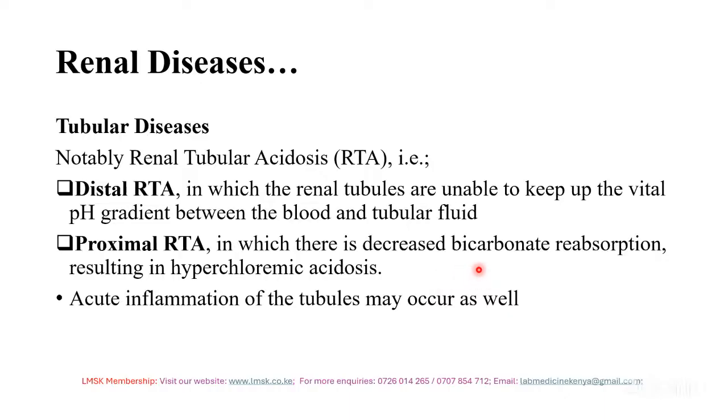And acute inflammation also may occur in tubular diseases. So these are conditions that are affecting the tubules themselves. And acidosis is going to be particularly problematic because of improper hydrogen ion control.